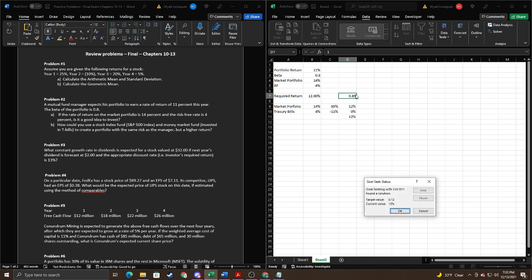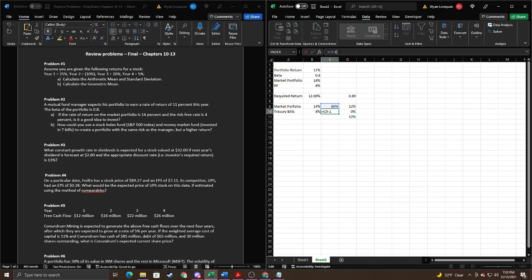And we're going to hit OK. And we broke it. We didn't really, but it needs to be 1 minus this cell, not the other way around.